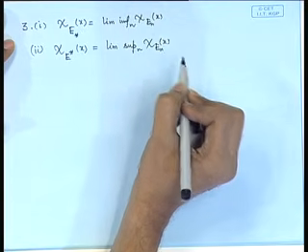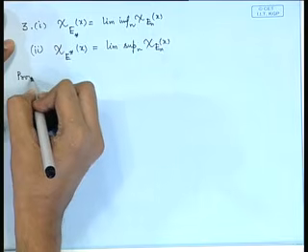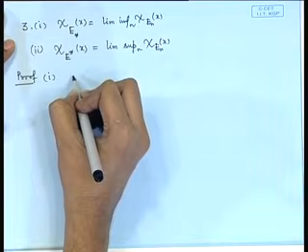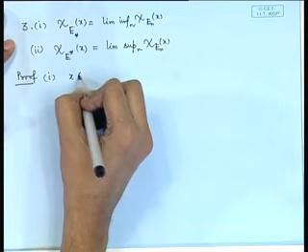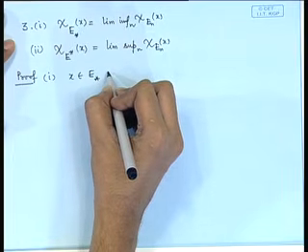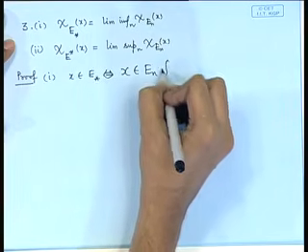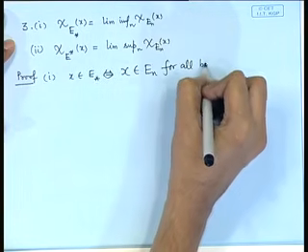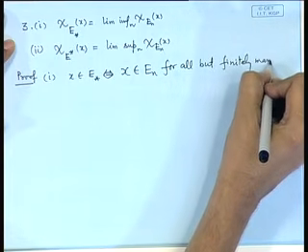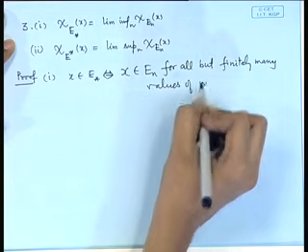We may look at the proof of, say, one of them. Consider, say, x belonging to E lower star, then this implies that x belongs to E n for all but finitely many values of n.